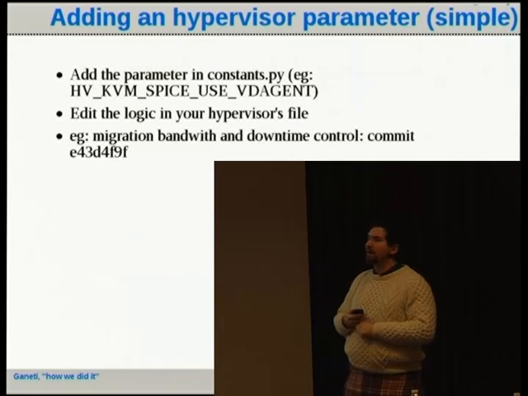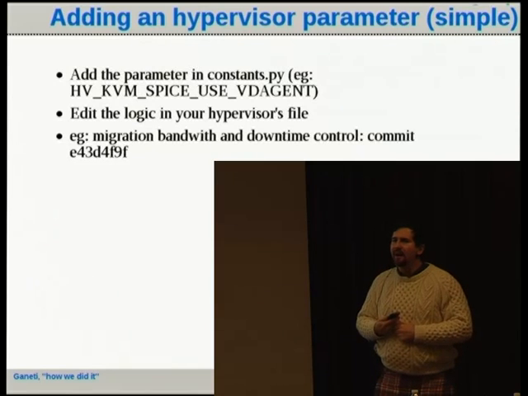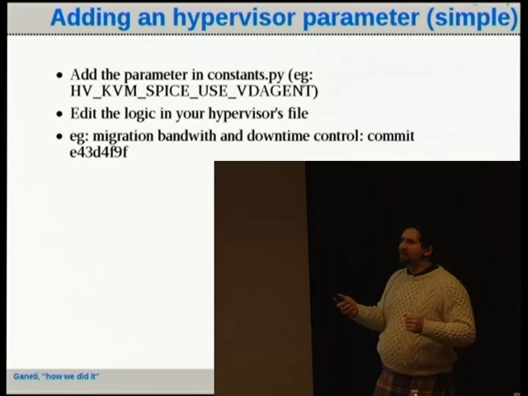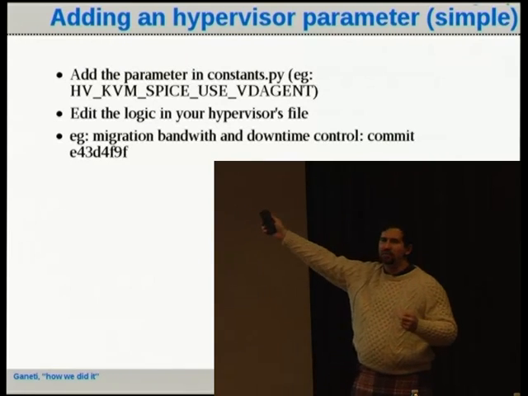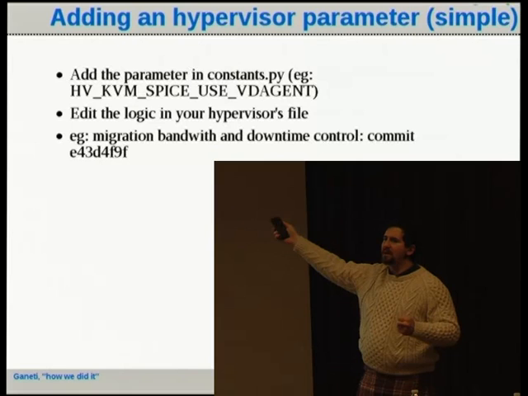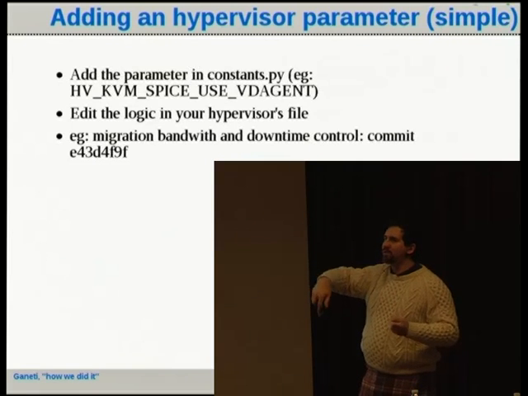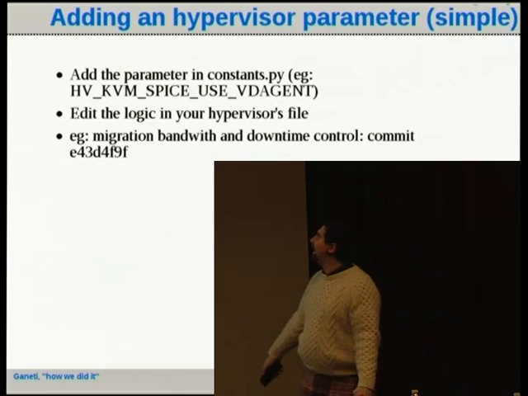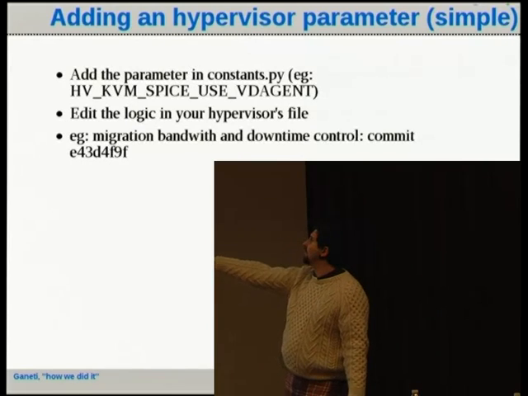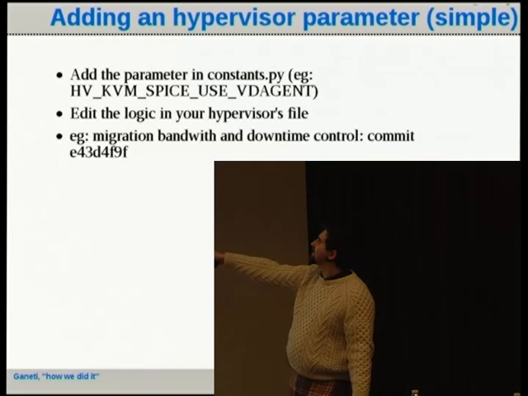Other things that might go here are, for example, things related to how the hypervisor actually works. So you can pass a parameter which is not true, false, but is actually a number or a string that you want to add to the KVM command line or the Xen config file. And to do that, you do the same. You edit the logic in your hypervisor's file, but then you also need to add the parameter and its types.